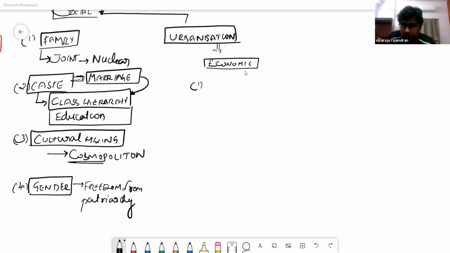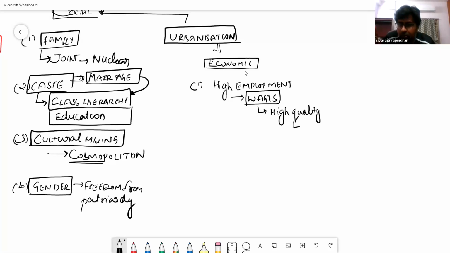The first point is high employment. In rural areas, you would not get high employment with wages. In rural areas, an agriculture based zone, you will not get that employment. And when you get high employment with wages, then high quality of living.